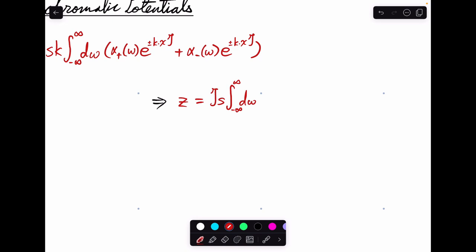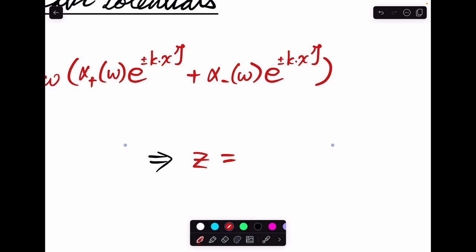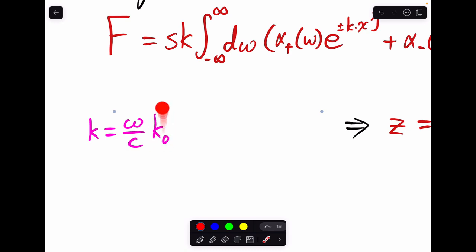Oh wait, hang on, no, I do need to explain another part. So you can expand because if you recall, k is equal to omega over c k naught, where k naught is just the purely directional part, and you just take the magnitude of it out here.